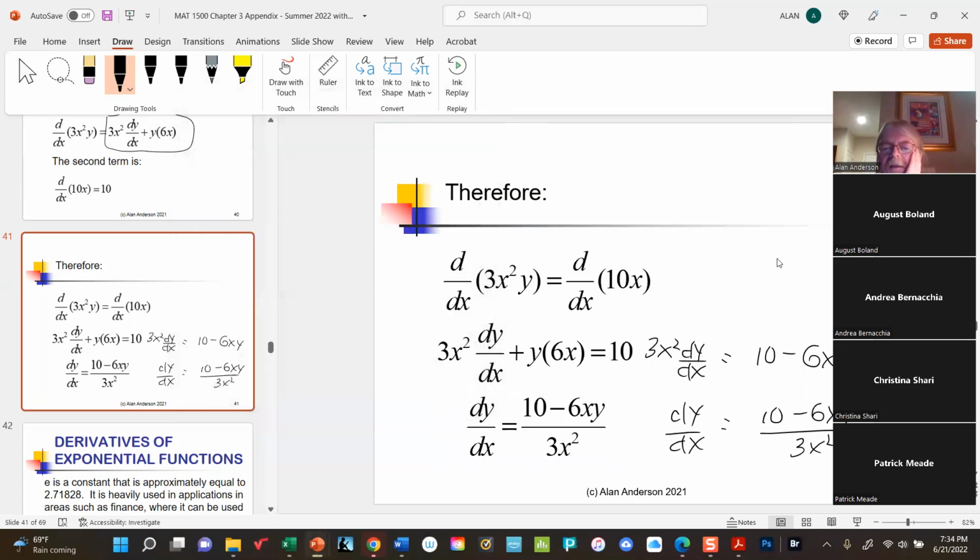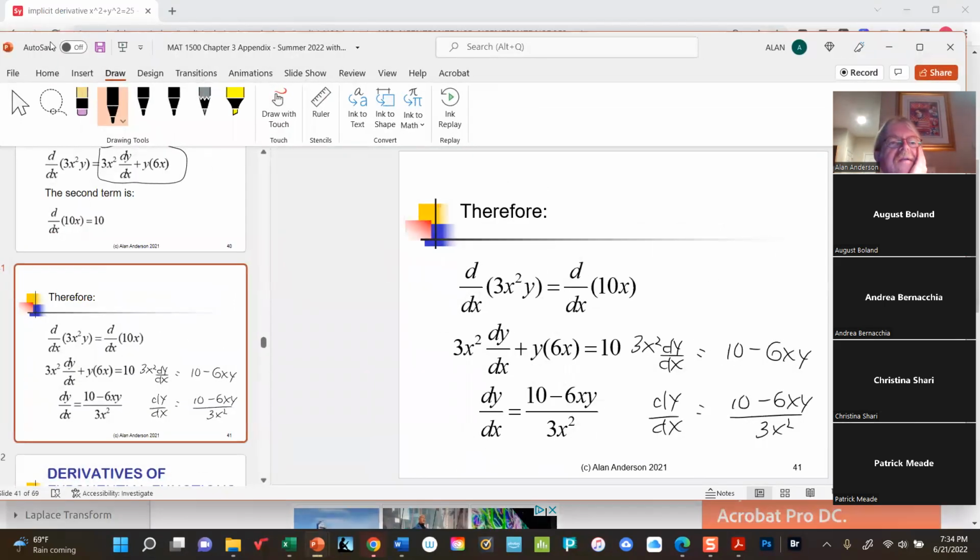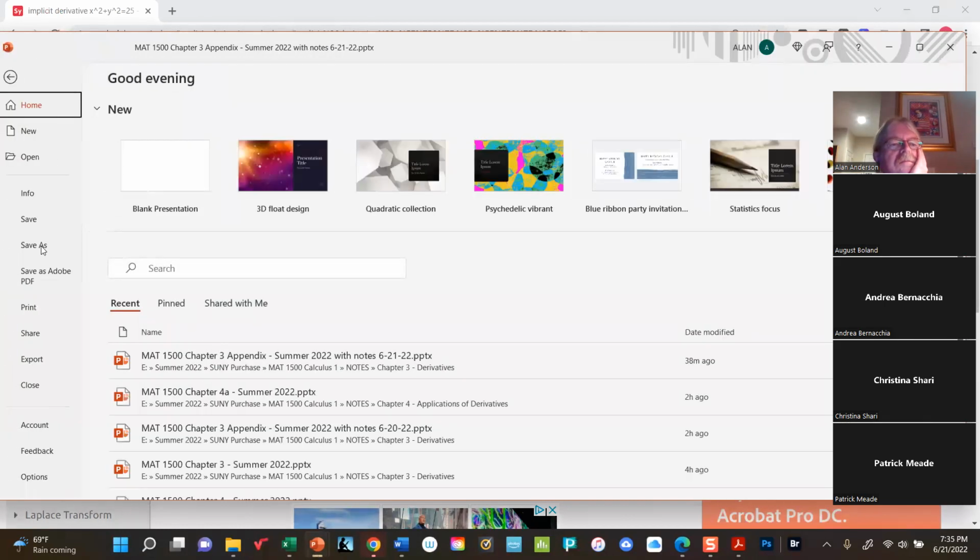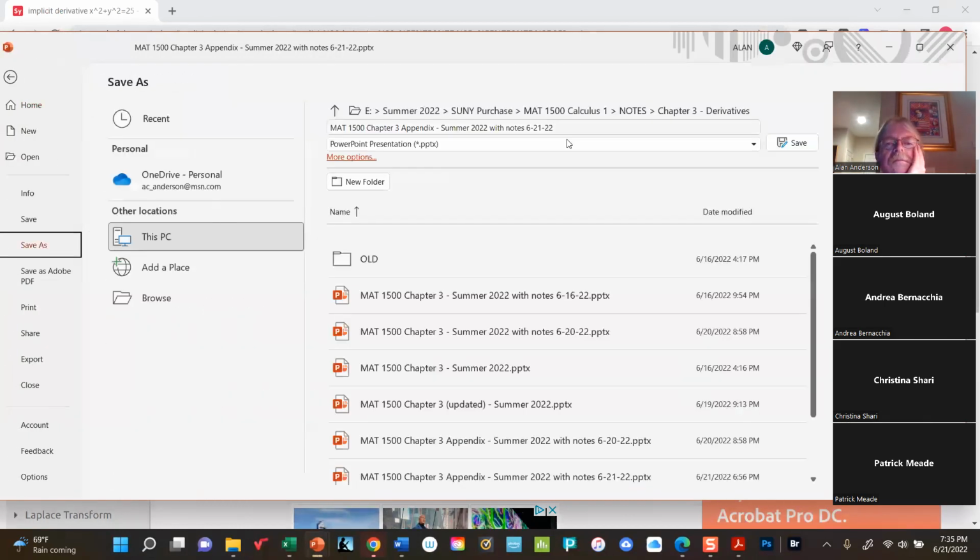Okay, now it works. So obviously I need to make a couple of corrections here. I'll post this version on Blackboard. In fact, I'm going to save it right now with this name. There you go. The one that says corrected has the right answers, obviously.